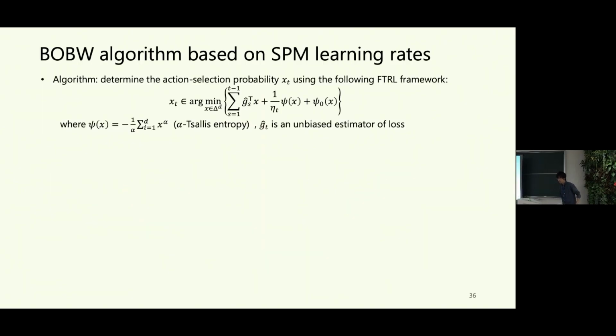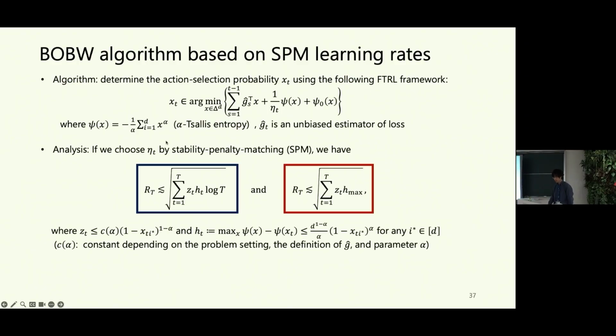And our new learning rate is useful in the design of best of both worlds algorithms, in which we determine the action selection probability xt using FTRL and stability penalty matching. Here, we use a Tsallis entropy regularizer.